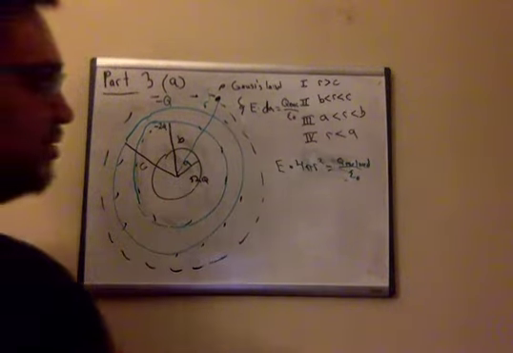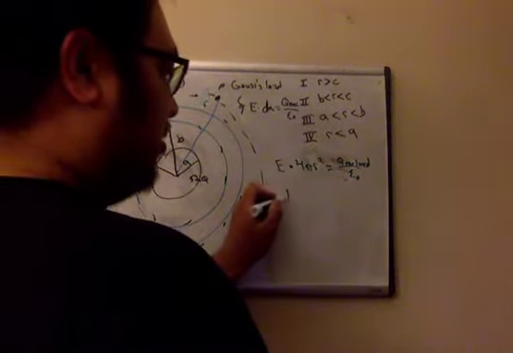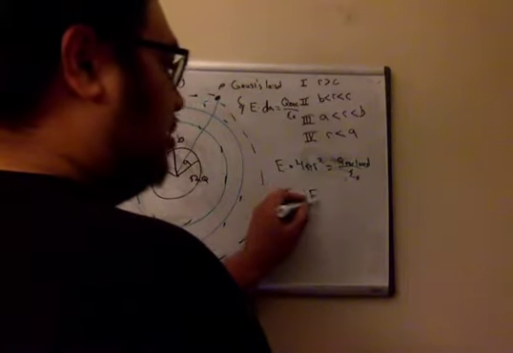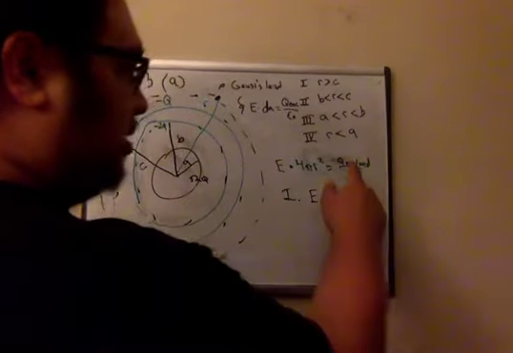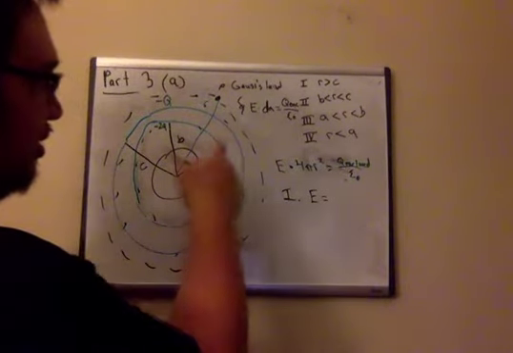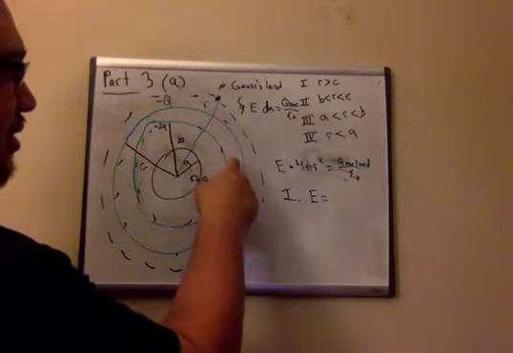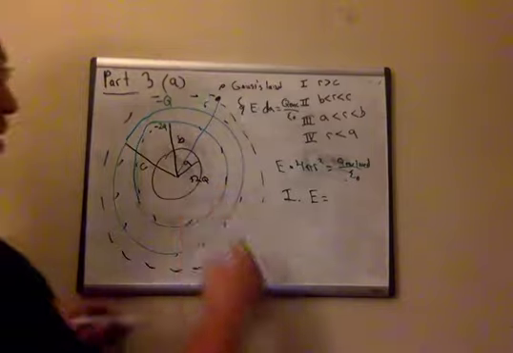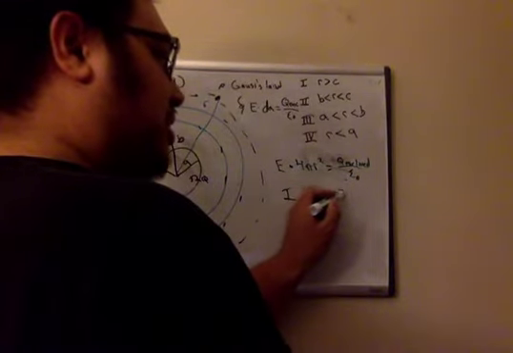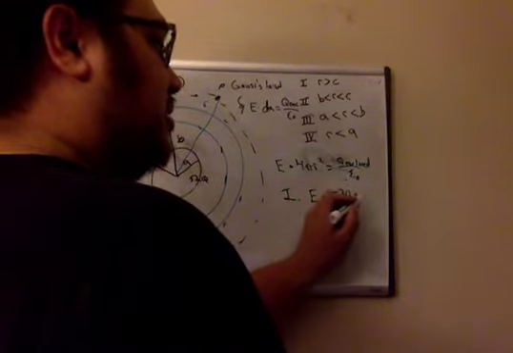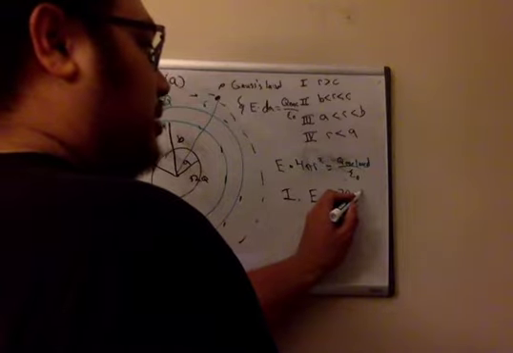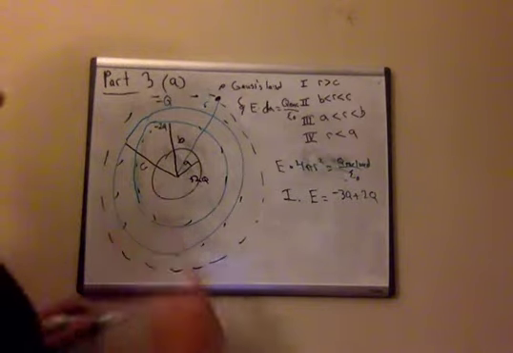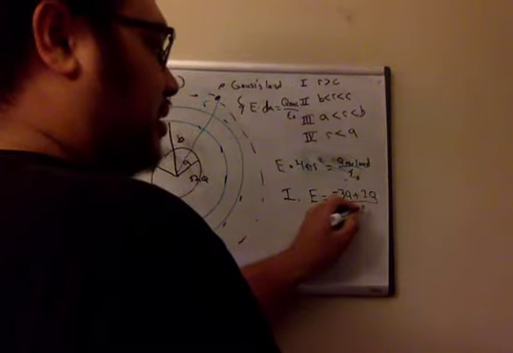So our electric field for part 1 is E equals, again, the charge enclosed: the charge from the spherical shell, which is -3q, plus 2q, because that's also enclosed, right? The insulator shell, divided by epsilon naught.